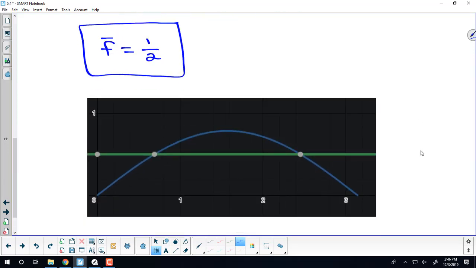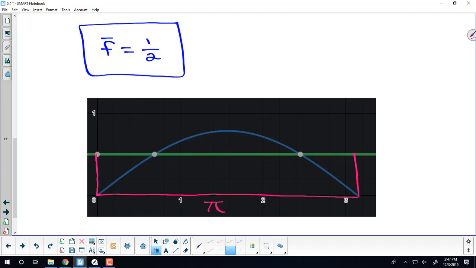So there, the 1/2 is there in green. On average, that's what all these y values are. But what we also said was that this average value from a to b, so there's our interval from 0 to pi. There's our b minus a. The length of this is pi units.